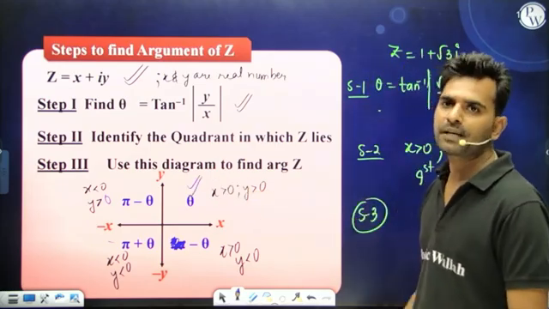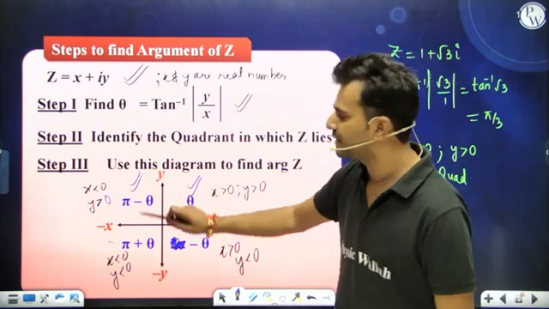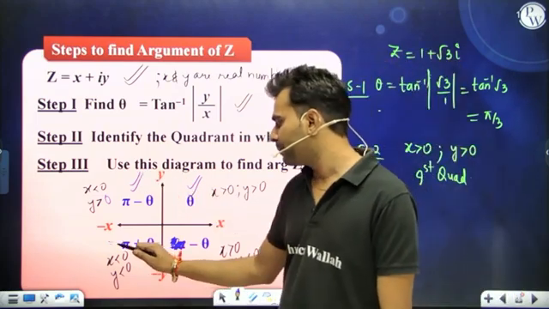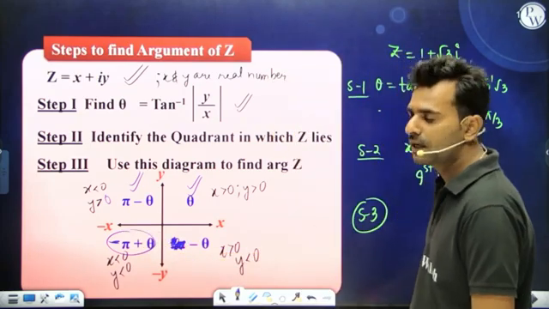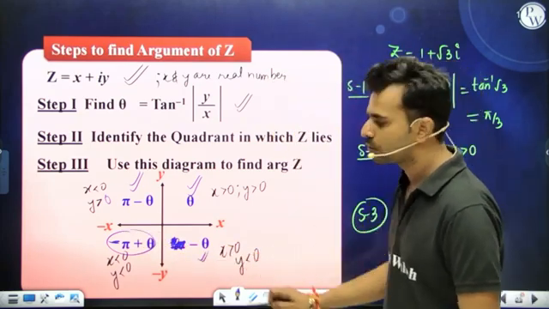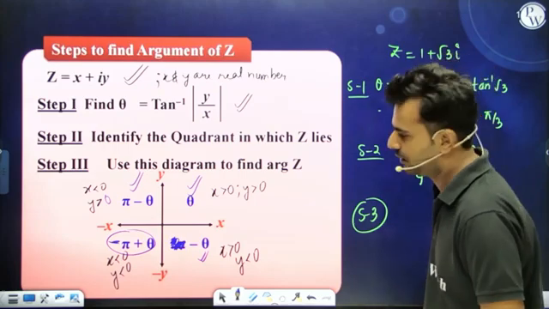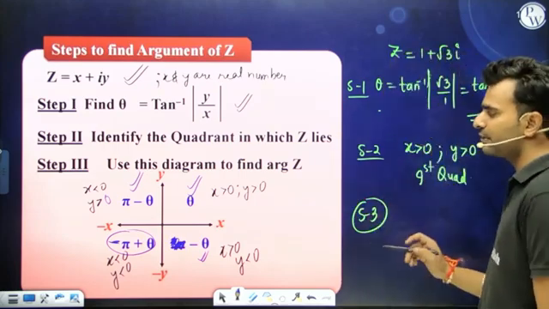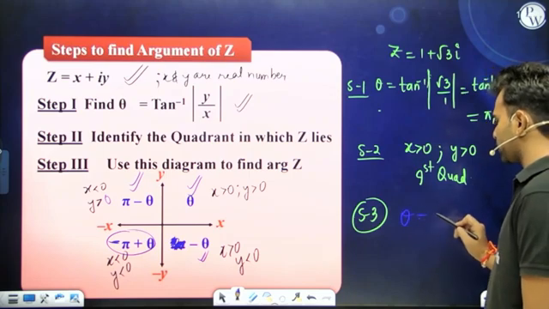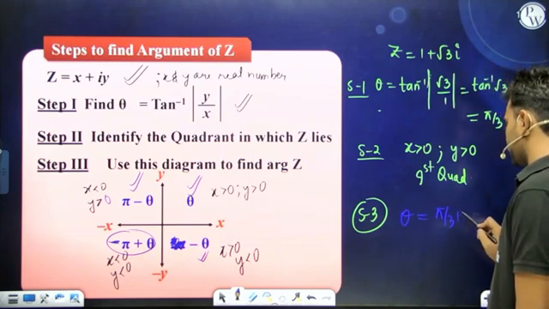If it is lying in the second quadrant, then pi minus theta is the argument. If it is lying in the third quadrant, minus pi plus theta is the formula. And if it is lying in the fourth quadrant, then minus theta is the thing. Over here it is first quadrant only, so theta is the argument. So theta equals pi by 3 is the principal argument.